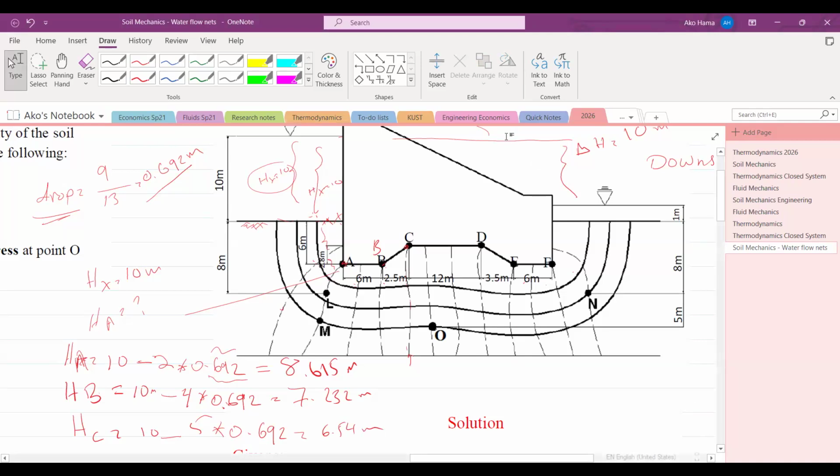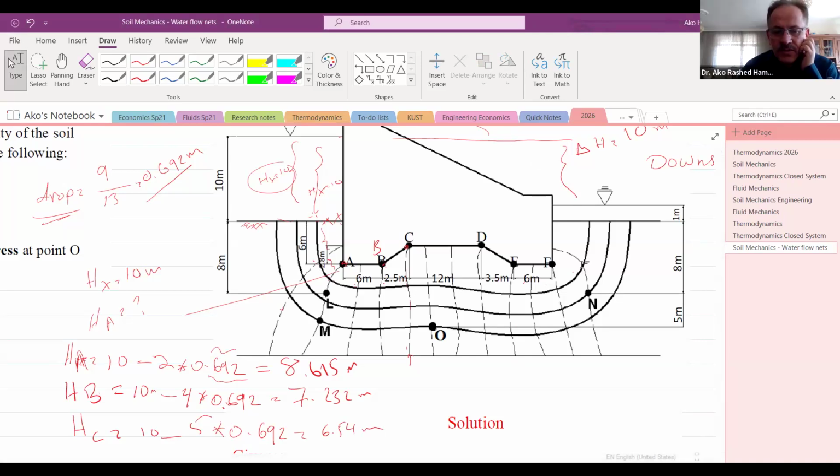Now if I want to check for the point F, the pressure at F is equal to how much? Go F?